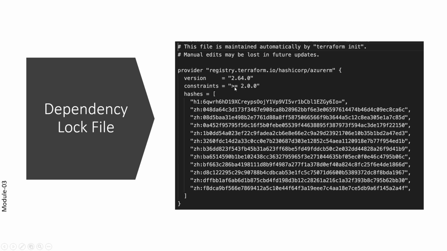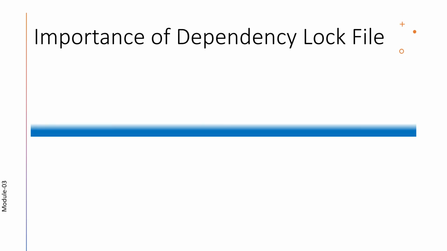In our case it is greater than or equal to, meaning anything greater than or equal to 2.0.0 it should take. That means if it is now 3.0 or anything, it will take the latest one. And all these hashes will help you if you have any kind of issue where you want to check the logs, everything. I will explain anyway once we do hands-on, so I will not go much into it for now.